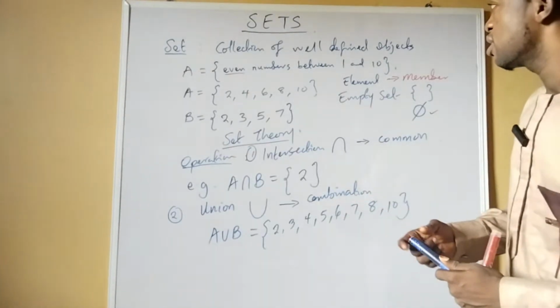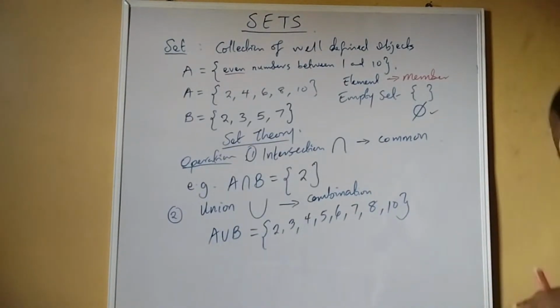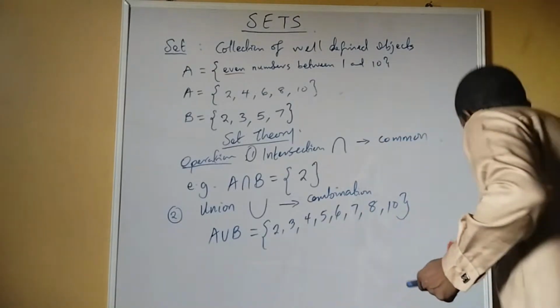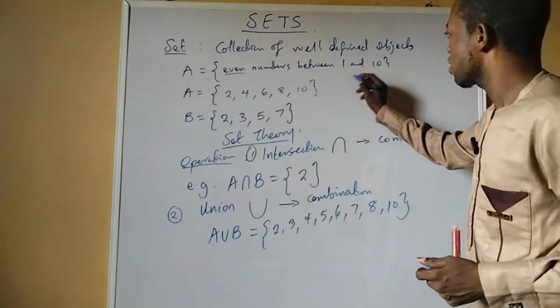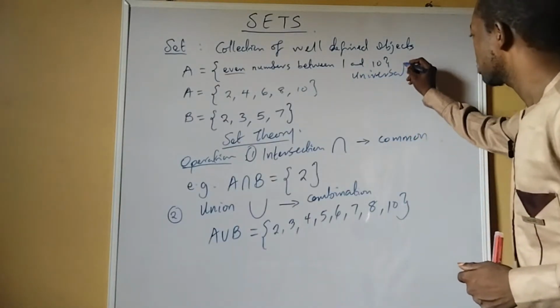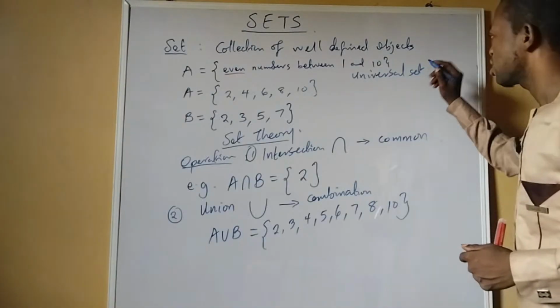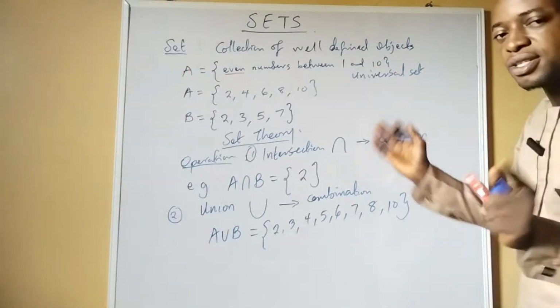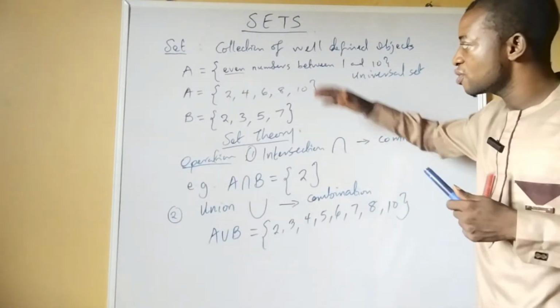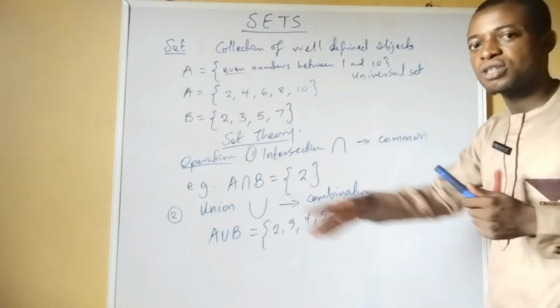For instance, let's write the universal set for these two sets. When you hear the word universal set, it means the set containing all the elements under all the sets under consideration.